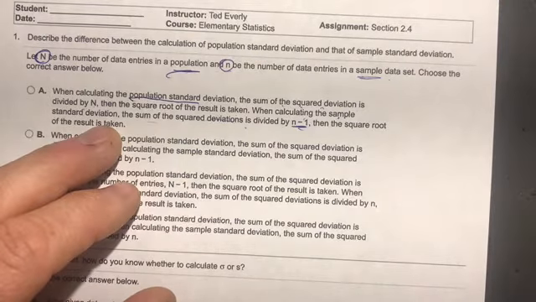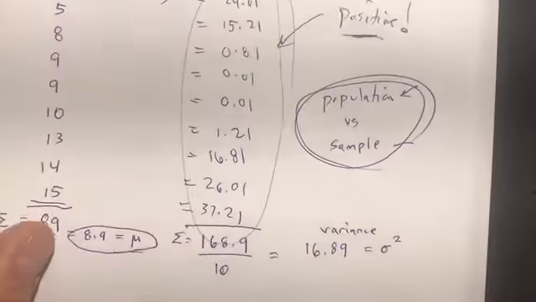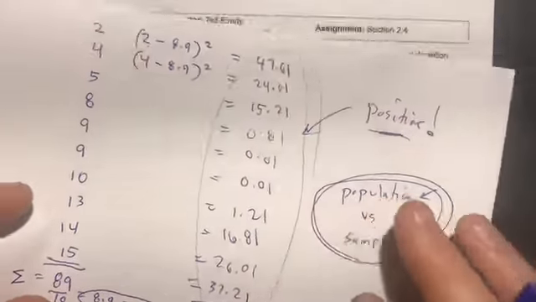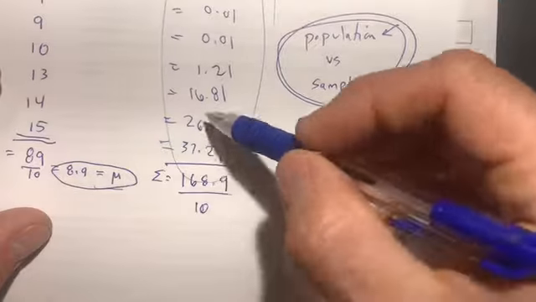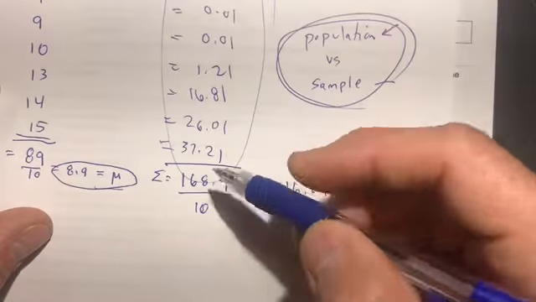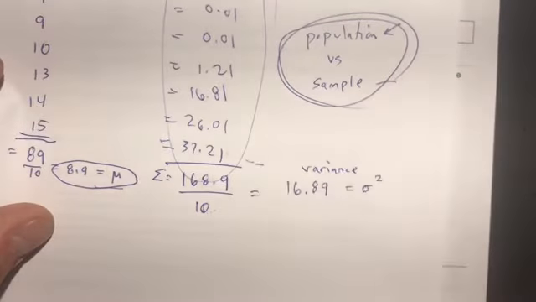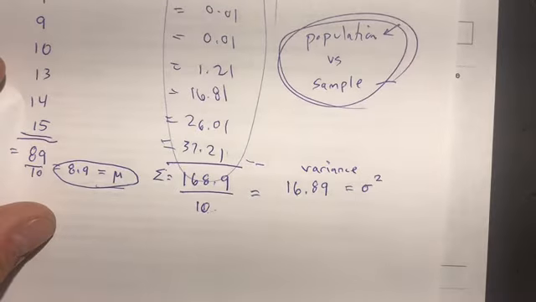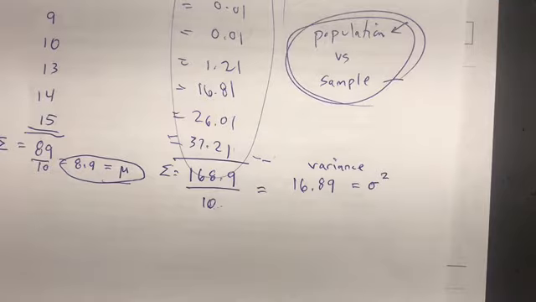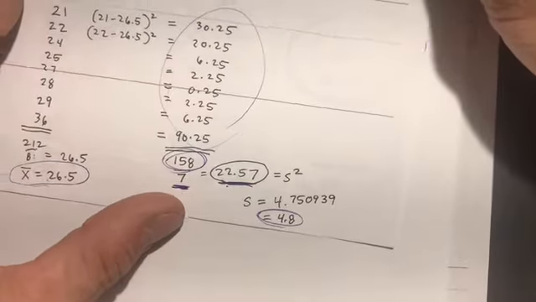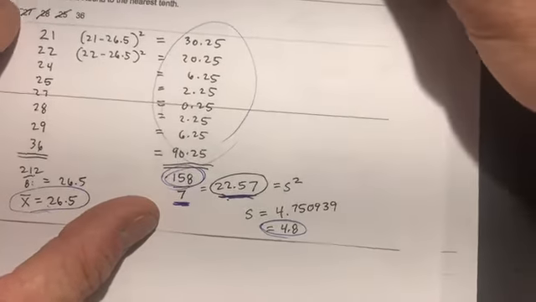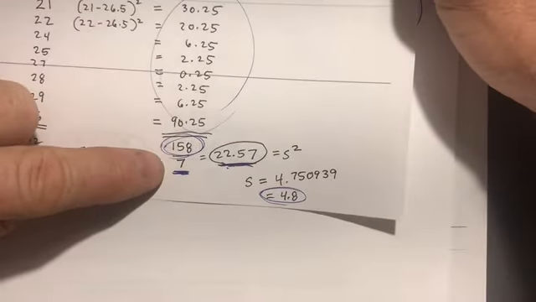What that means here, it's like we did one a while ago. This was a population we did, and when we add all these up, I divide by 10, because that's how many was in there. This was a population. Versus the other one I did, right here on this one, this one was a sample. So right here I divide by 1 less.